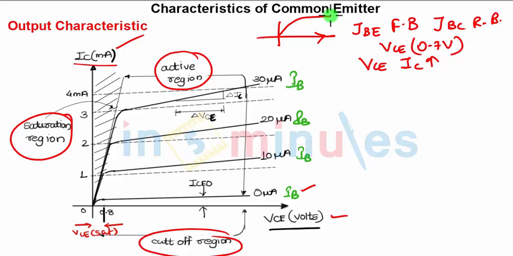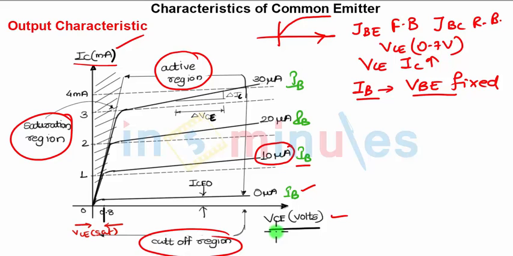Then second case, saturation region. For a fixed value of IB, take any value of IB, that is when your base emitter voltage is fixed, right? When you are fixing the value of IB by fixing the value of VBE, and if we go on decreasing the value of VCE, that means IB is kept constant and we are decreasing the value of VCE.